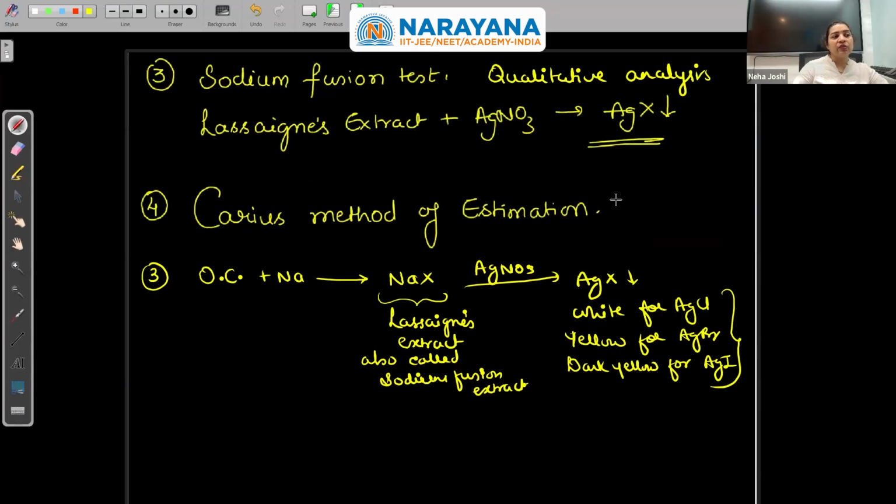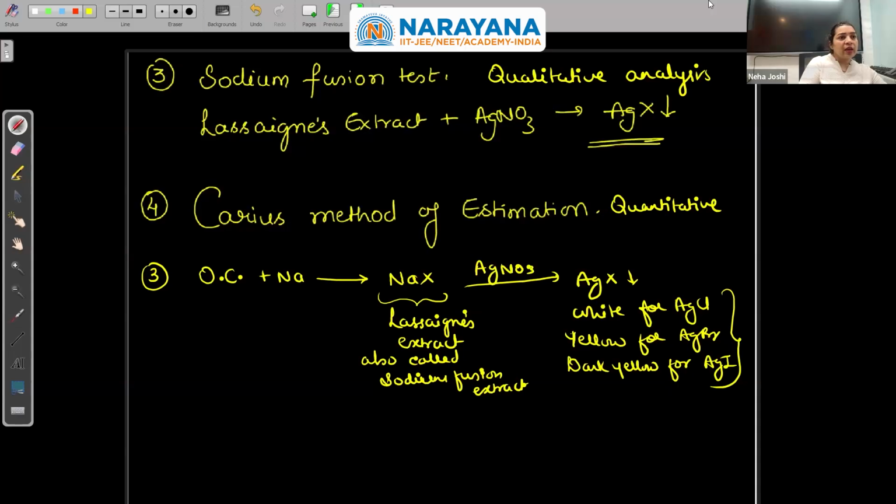But the Carius method of estimation is a quantitative method of estimation. Is that absolutely clear? The Carius method is the quantitative method, and Lassaigne's is the qualitative method. Okay.